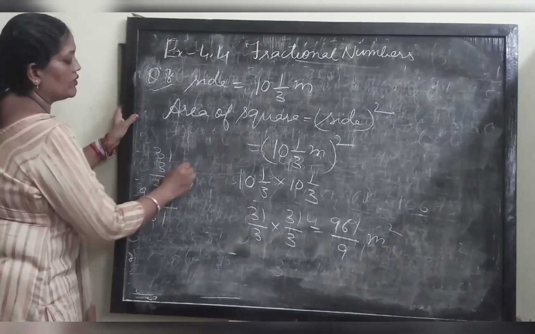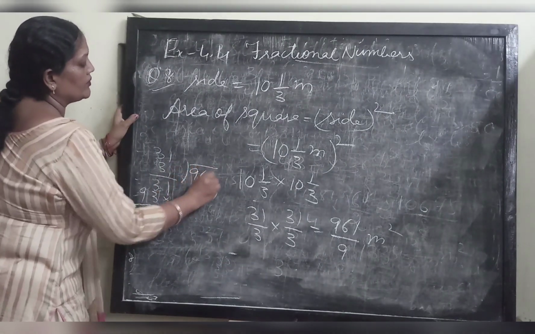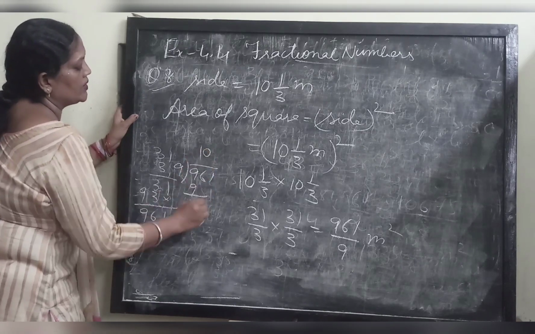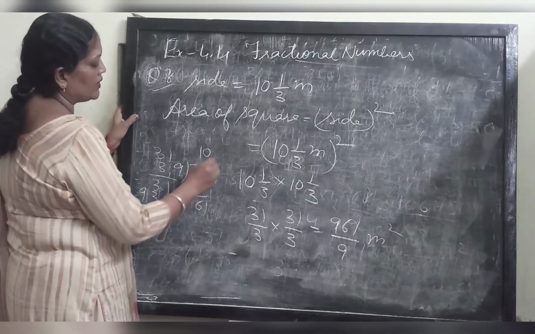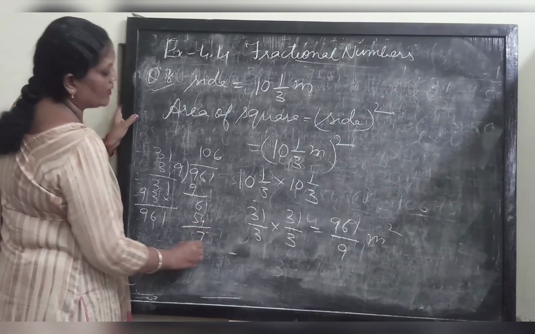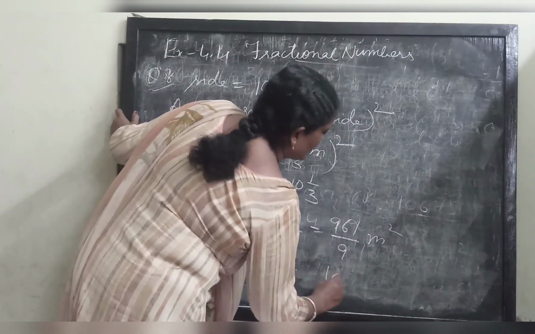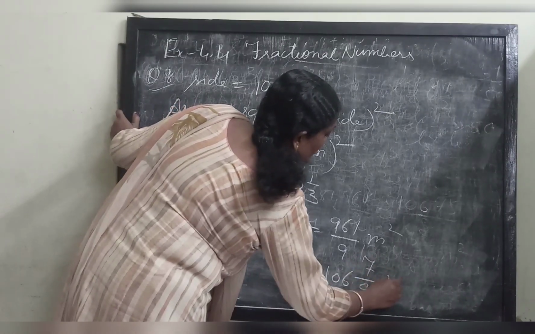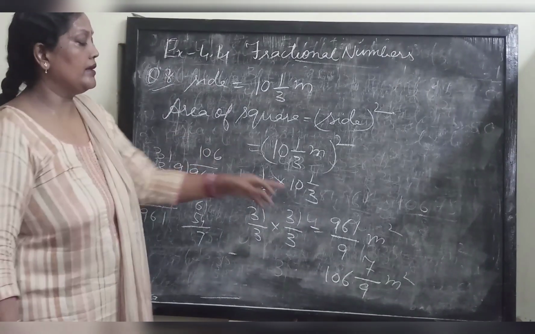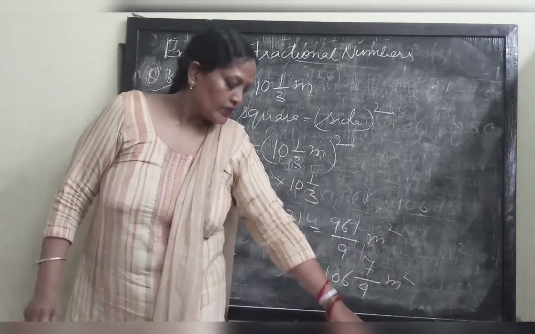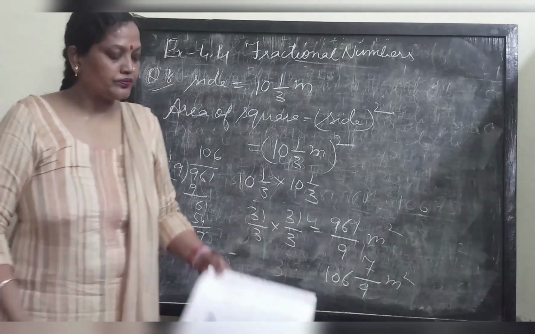You can change it into mixed fraction. 9 1s are 9, 6 not divisible, 0, 9 6s are 54, 7 1 under 6, 106 7/9 meter square. Don't write meter here. For units 1 mark will be deducted. It should be meter square.